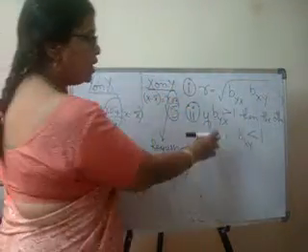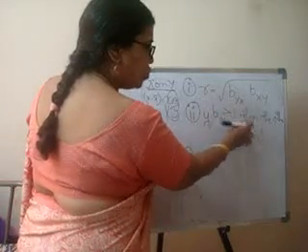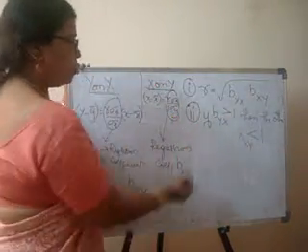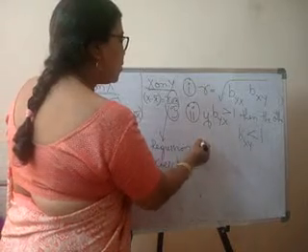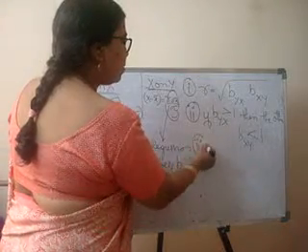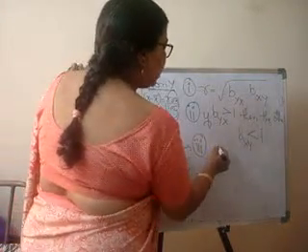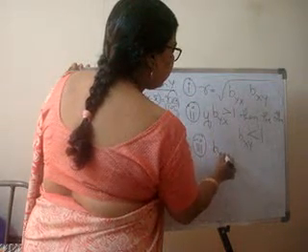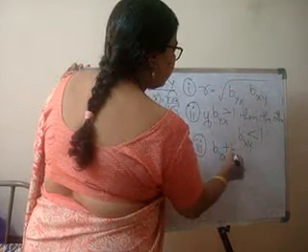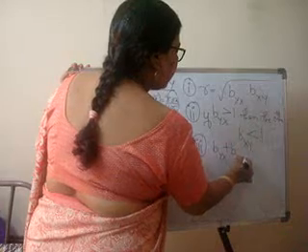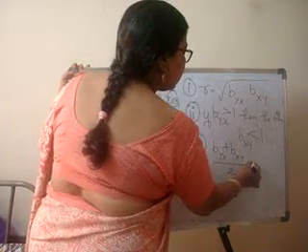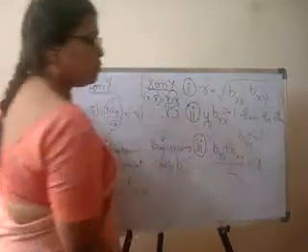Third one is the arithmetic mean of the two regression coefficients is equal to or greater than the correlation coefficient.